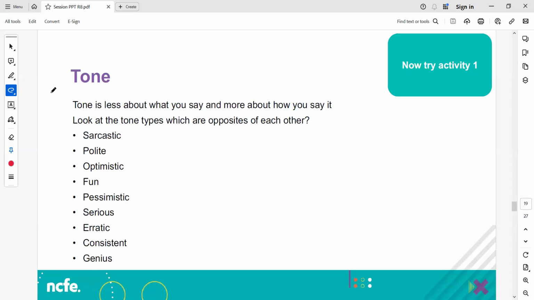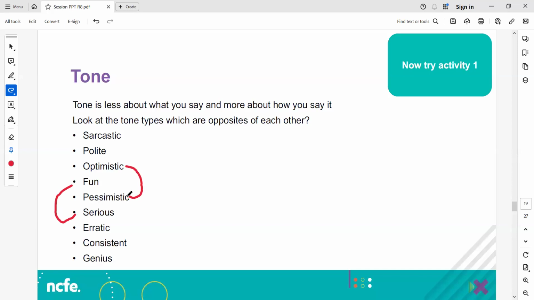So if we start with fun, what would be the opposite of fun? Serious. Good. Fun and serious. Optimistic, pessimistic. Good. Optimistic and pessimistic.